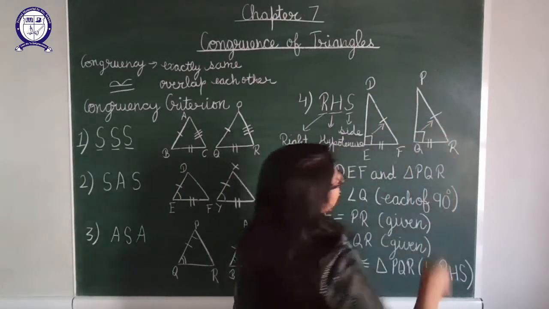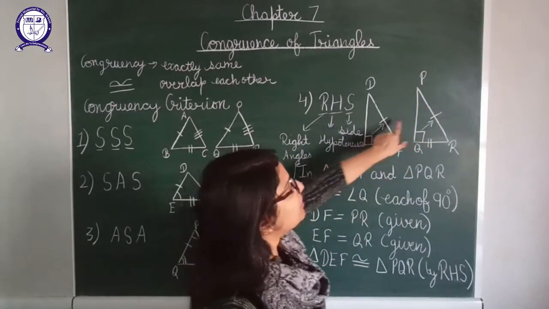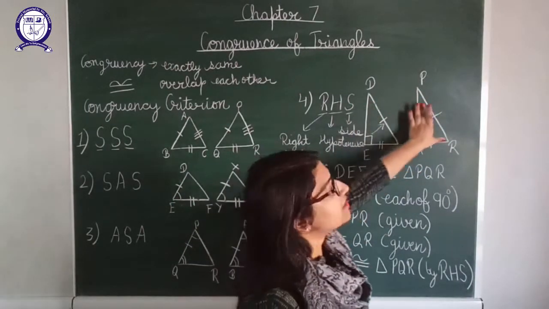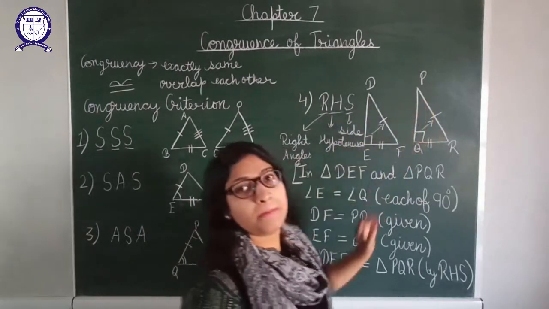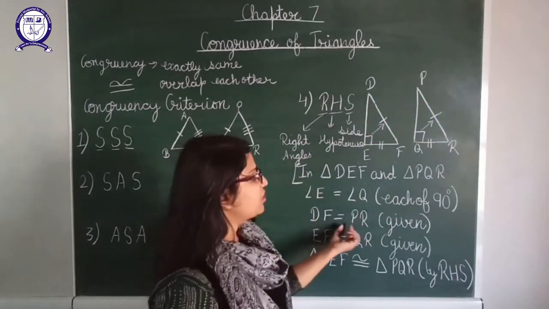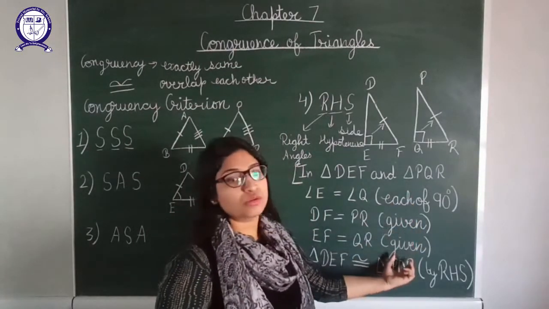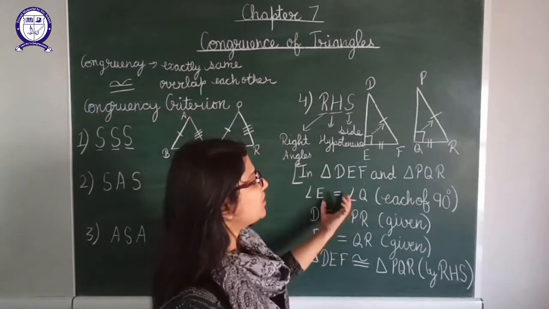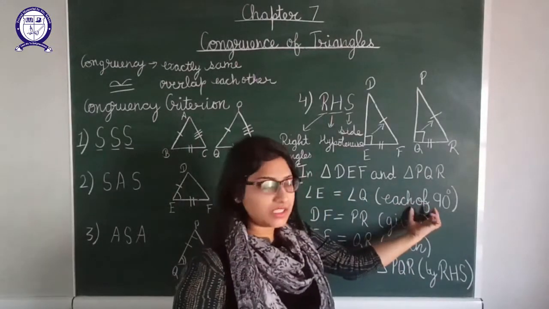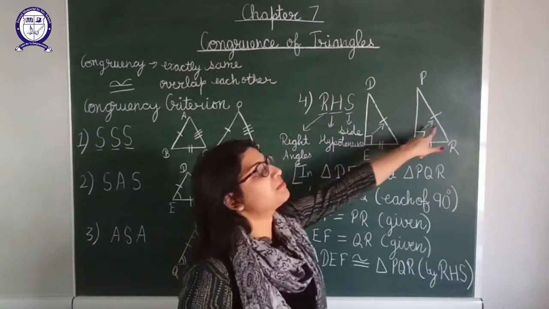The side opposite to angle Q, that is PR. As you can check, this symbol is given, which means these two sides are given to us as congruent. So DF is equal to PR and it is given to us. We have to write down the reason also, why we are writing them equal. These two were equal because they were 90 degrees. These are equal because it is given in the question as this symbol is marked.